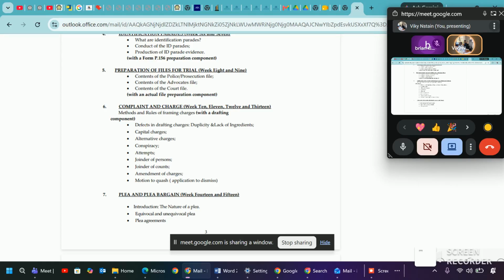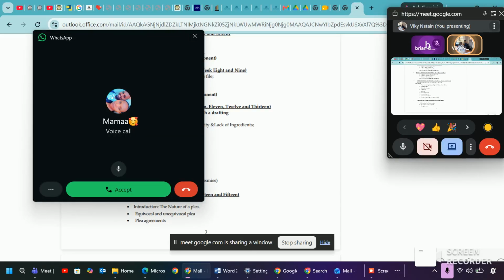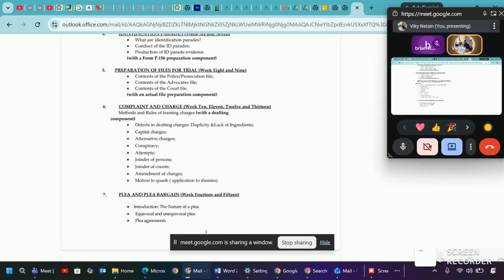You describe the property in detail. If it is a phone, you give its serial number where relevant and the value of that phone. Then you give the mental element. This is why we say with intent to defraud, without lawful authority.